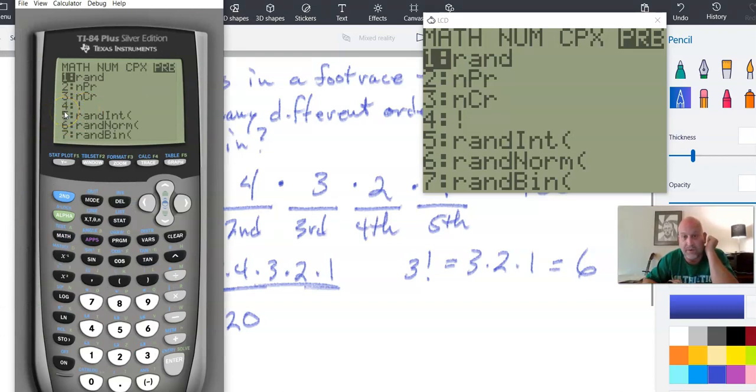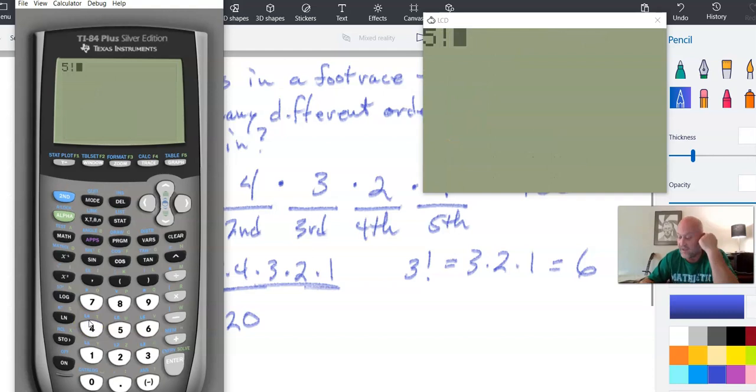It's a little exclamation point. So what you want to do then is hit the number 4, and then enter 5 factorial, and then you hit enter, and it spits out the correct answer.